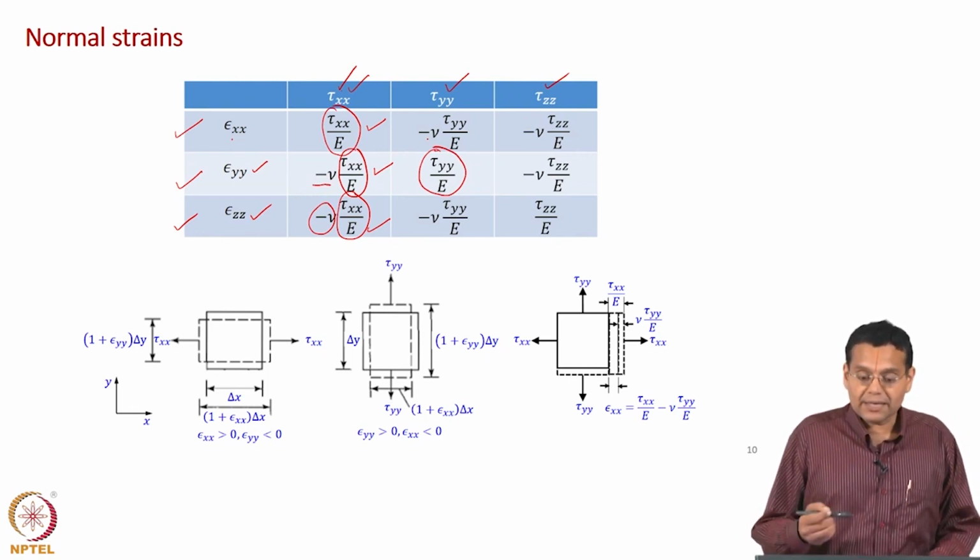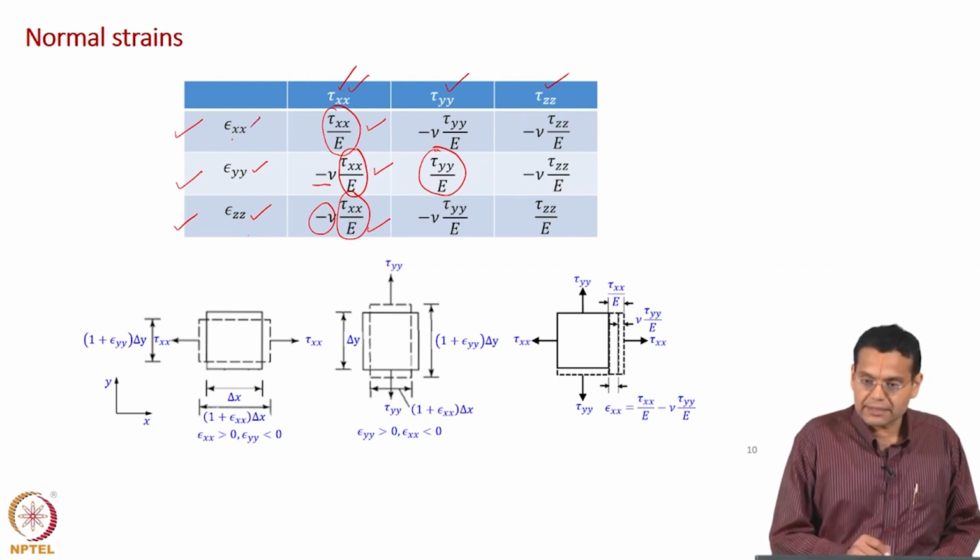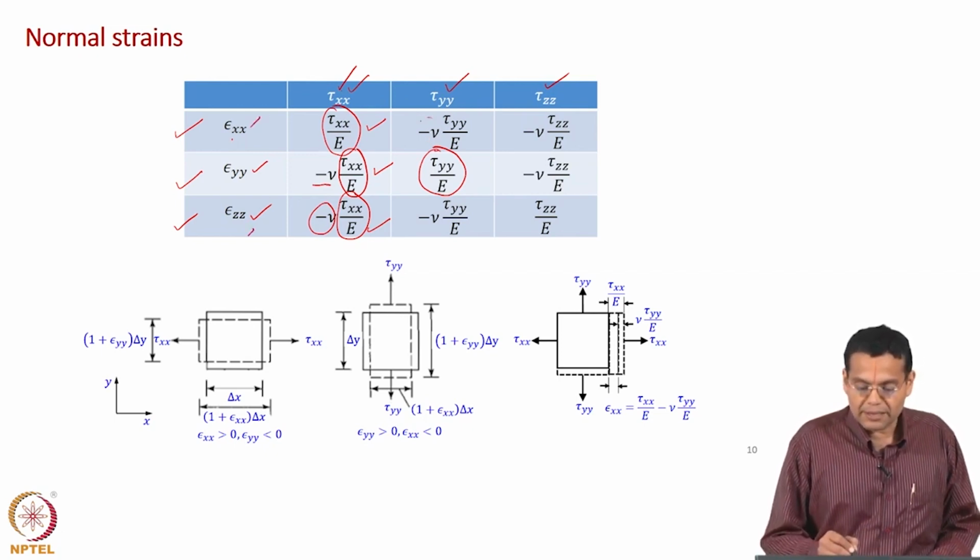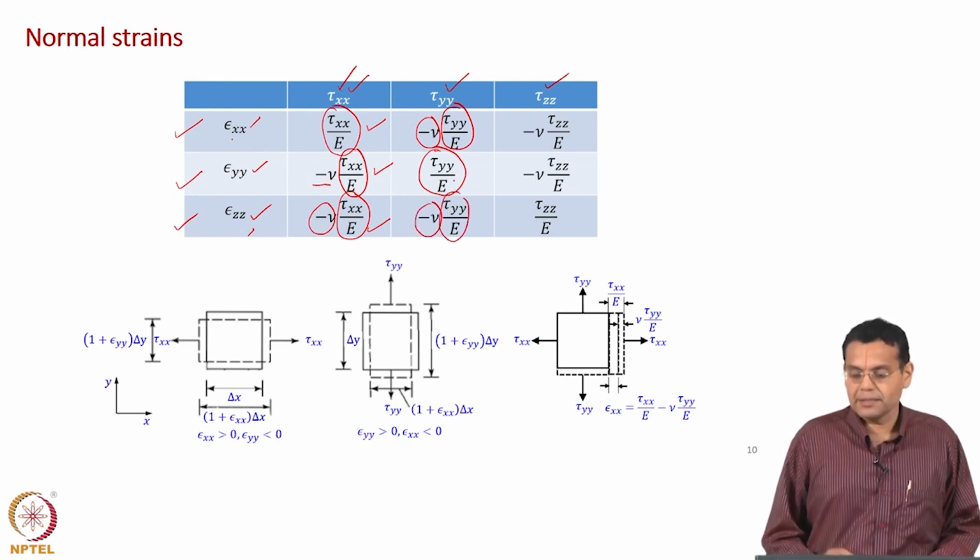Now, the perpendicular directions are x and then z. How do you represent? Minus nu into epsilon yy. What is epsilon yy? Tau yy by E. Similarly, for the z direction, minus nu into epsilon yy, which is tau yy by E. Similarly, you can write for the case where you apply normal stress along z direction.